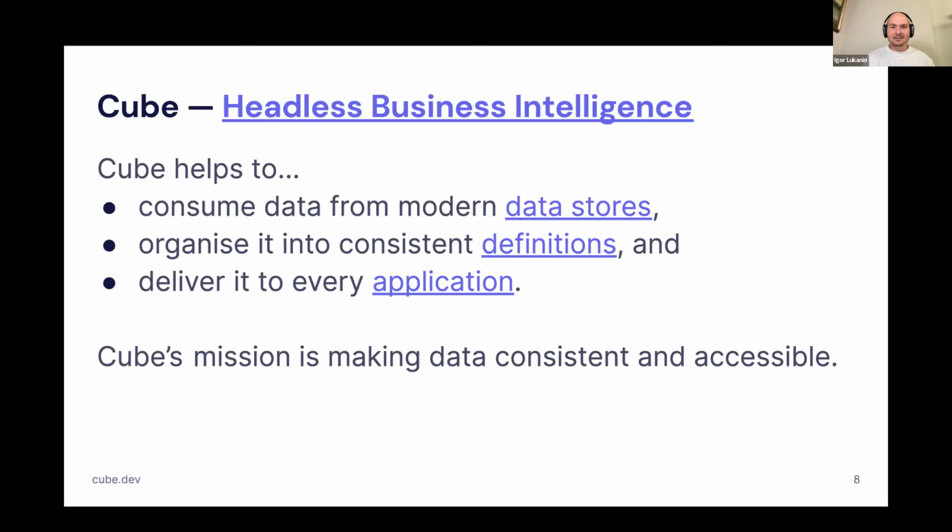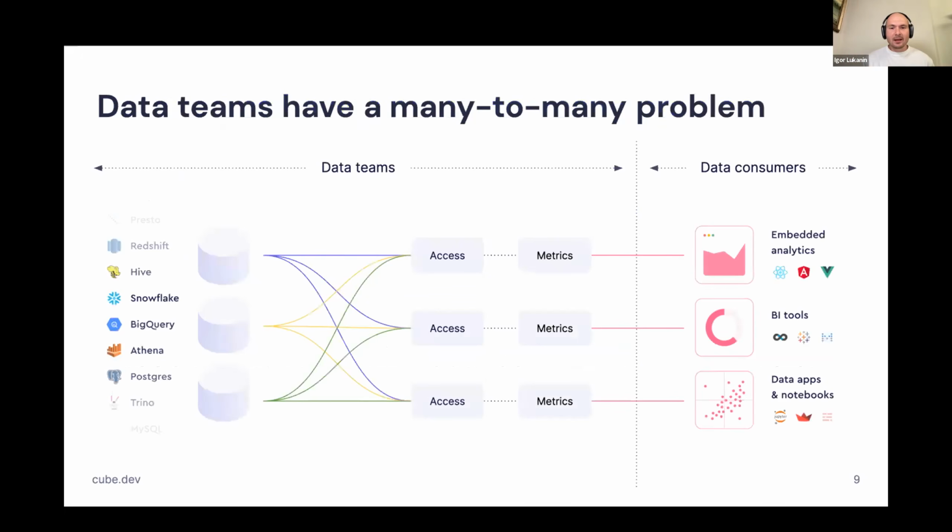So it doesn't care about the way the data would be visualized or represented in the BI tool, in the data notebook, or on the front-end app with embedded analytics, but it makes sure that the data would be fetched and read from the data store, that the data would be organized into consistent metrics definitions in the data model, and then that data would be delivered to every data-consuming application, whatever that application is, and that obviously includes BI tools like Superset. So that's what Cube does.